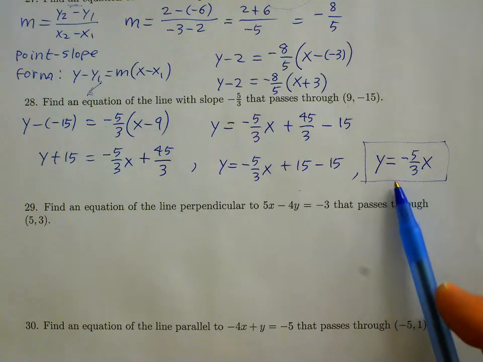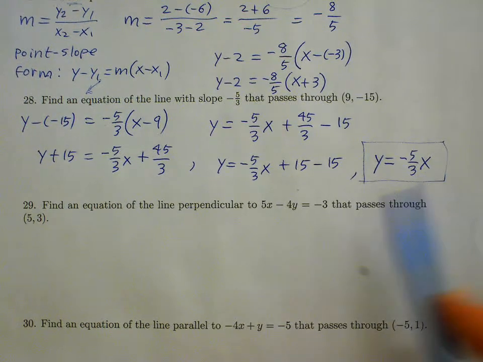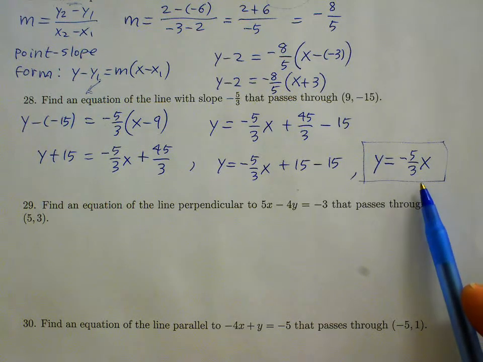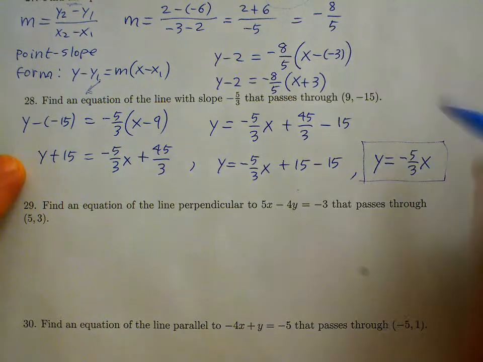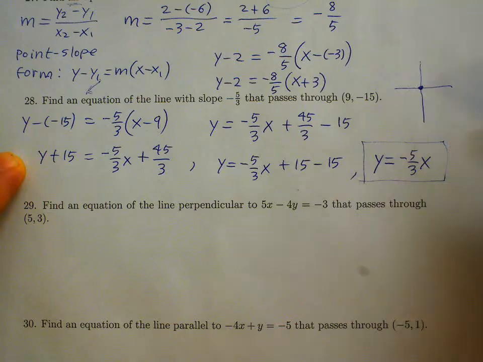So the graph of this line passes through the point 0, 0. Do you see that? Because when x is 0, y is negative 5/3 times 0, which is also 0. So on a graph, the point 0, 0 is a point on the line.